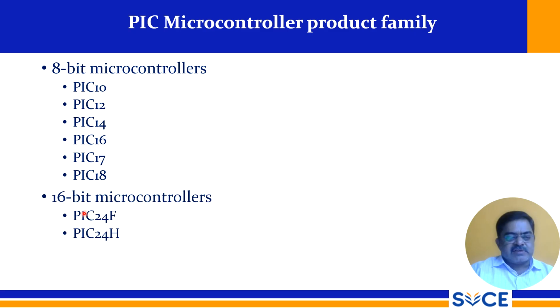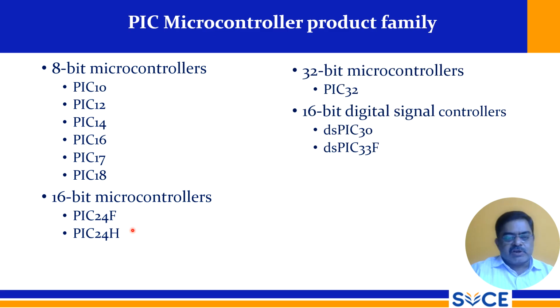Then the 16-bit microcontrollers are PIC24F, and I will tell you what F means, and PIC24H. The 32-bit microcontrollers are PIC32, and the 16-bit digital signal controllers are dsPIC30 and dsPIC33F. These are the PIC microcontrollers with different capabilities and capacities.